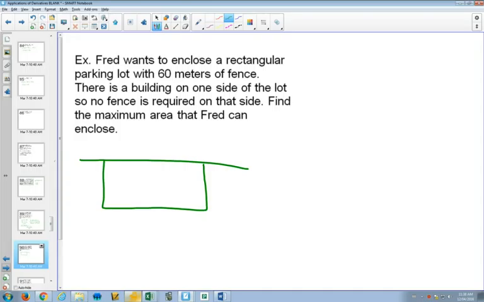Now, if you have 60 meters of fence and you're setting up a rectangle, one possibility is you could make it 1 and 1 and 58. Not a very nice parking lot, because most cars wouldn't fit in there, but that is a possibility. That would give an area of 58 meters squared. You could go 2 and 2, that would take away 4, and then there'd be 56 here.